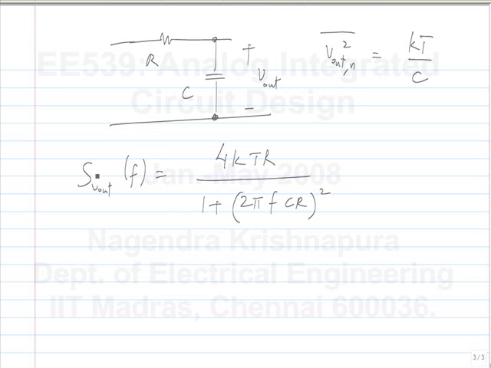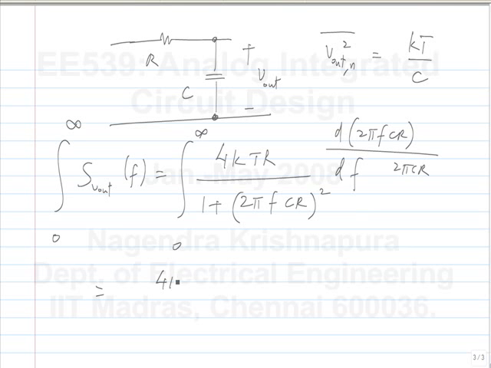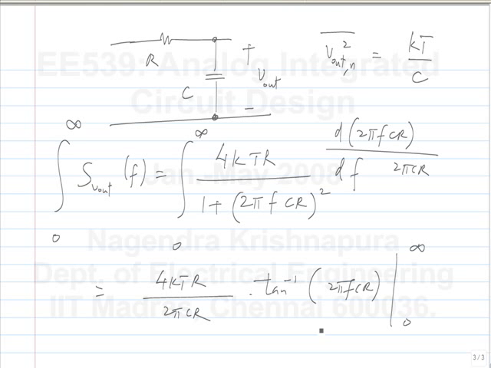So if you integrate this over the entire range of frequencies, we get 4 kTr divided by 2 pi CR, okay, and this over the limit 0 to infinity gives pi by 2, right.